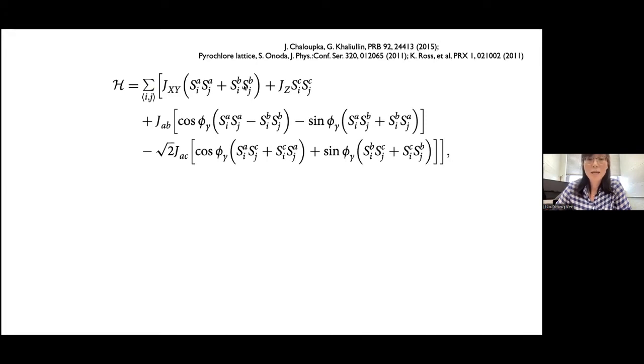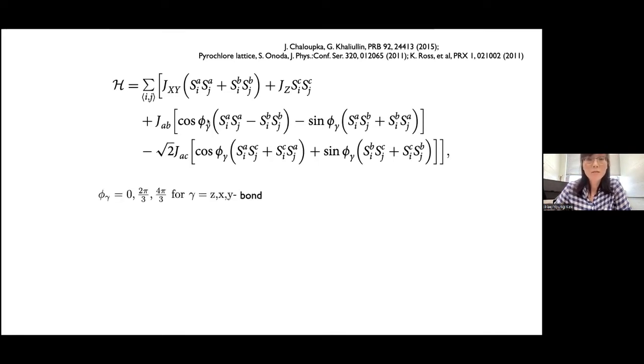So these are the A, B, C coordinates, and that will correspond to an XXZ model like, but then there are these bond-dependent terms, JAB, JAC. I use a different notation from the literature. So JAB, some of you may know, is J plus plus minus minus, and JAC is J z plus minus, and I just have to change it because it was just too much to write or read.